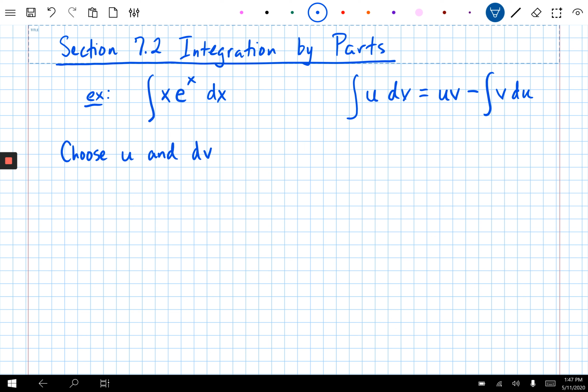Okay, so I'm going to let u equal x, and I'm going to let dv equal e to the x dx. So the whole problem is represented, the whole thing is represented, x e to the x dx. Now I'm going to find out what du is by taking the derivative.